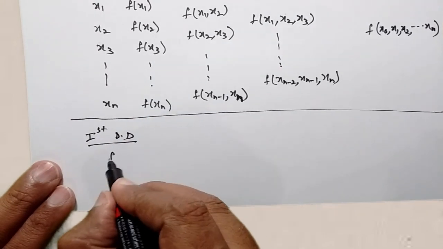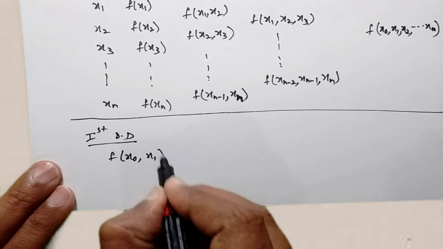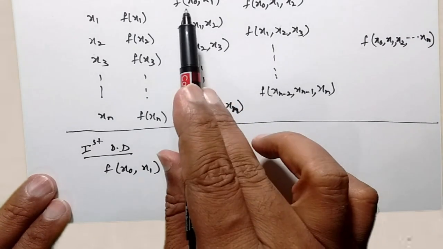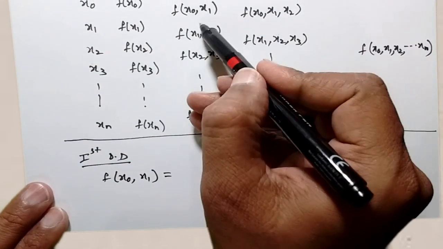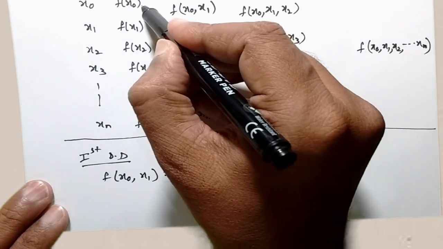So what does this f of x0 comma x1 represent? Here also it is nothing but the difference of these two values.